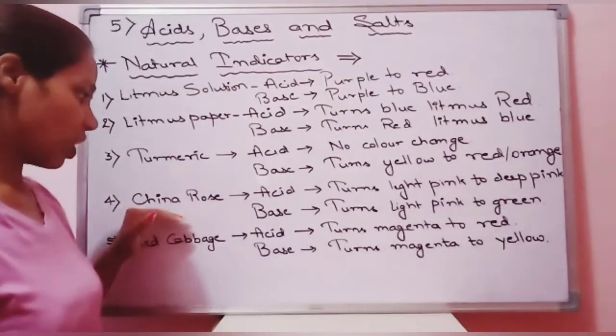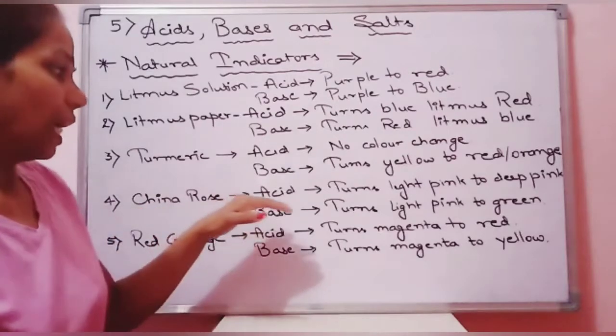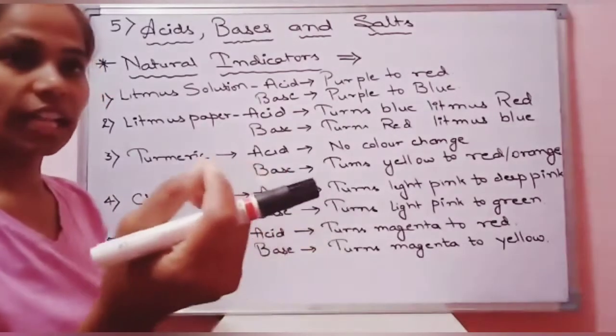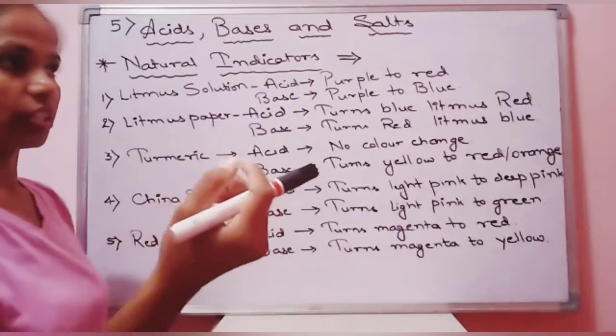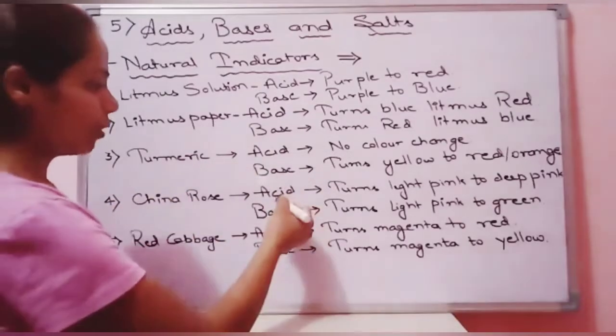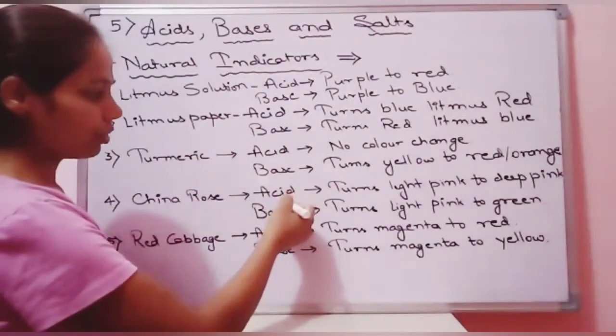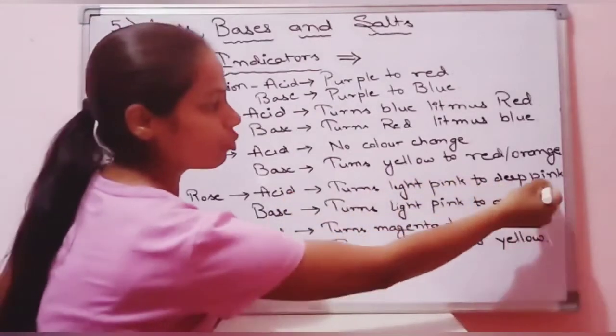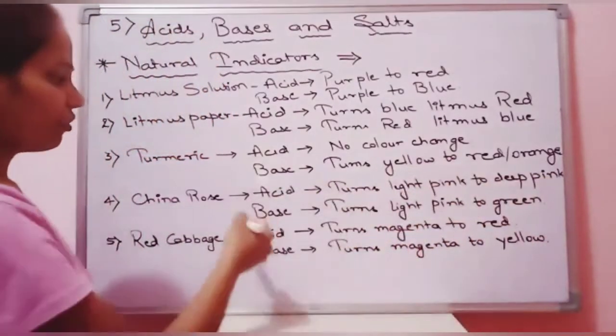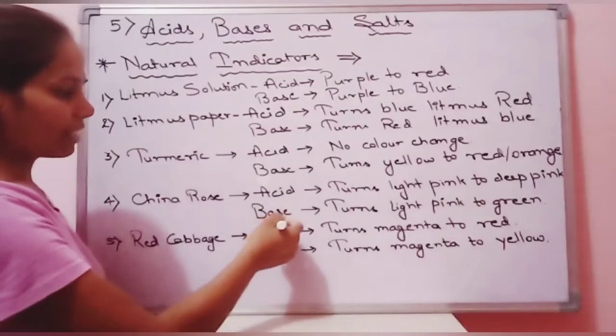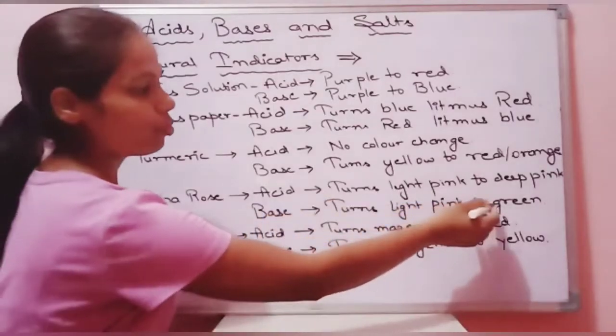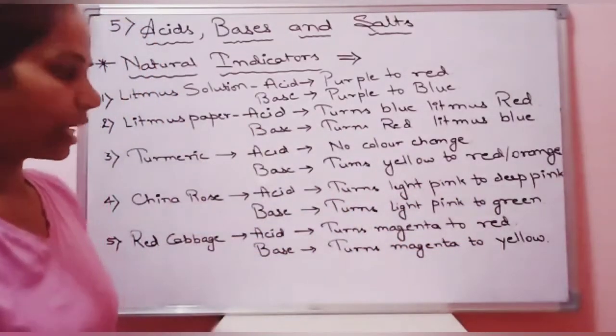Next we have the China rose. China rose has a light pinkish color, somewhat reddish pink color. Okay, so when you dissolve it or mix it with the acidic solution, it will give you a deep pink color, whereas if you mix it with a basic solution, it will give you the green color. Fine.